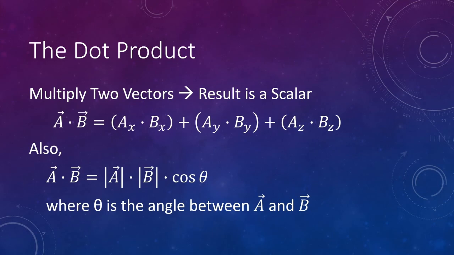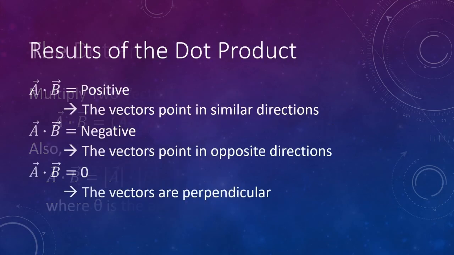The nice thing about this dot product is, again, it gives you a scalar, but you can also interpret what the two vectors are doing based on the sign of the dot product. So for example, when you have a dot b giving you a positive value, that means the two vectors point in somewhat similar directions.